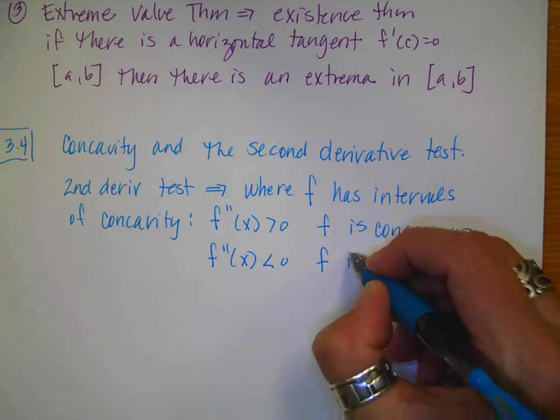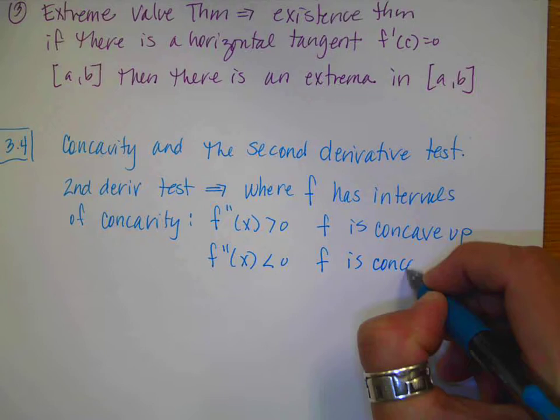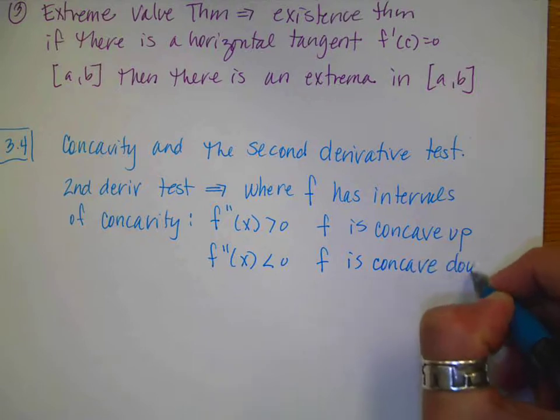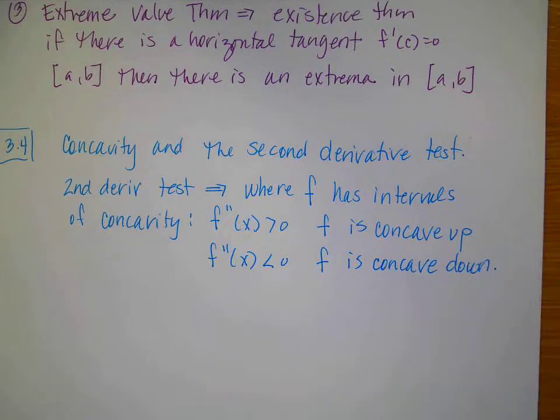And if the second derivative is negative, then I know that the function is concave down.